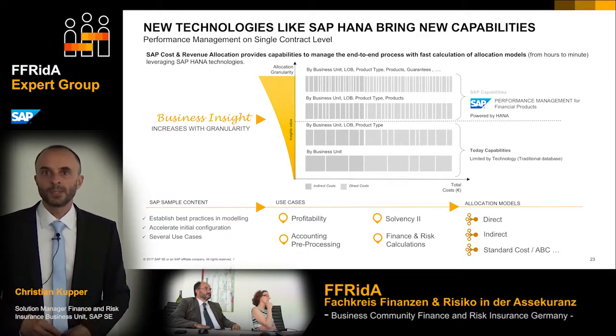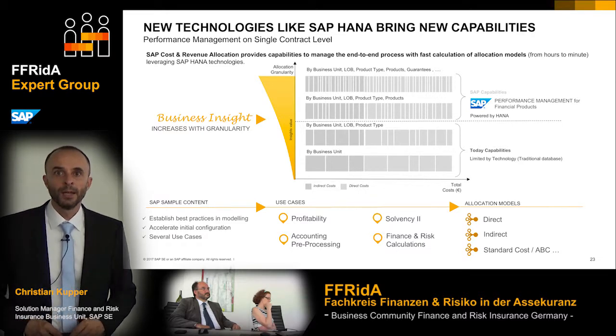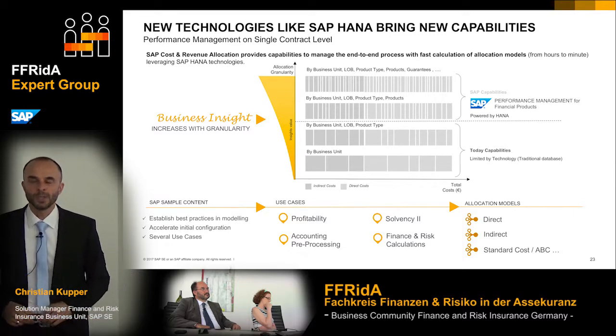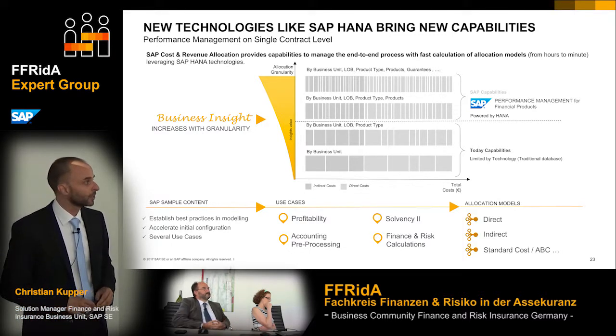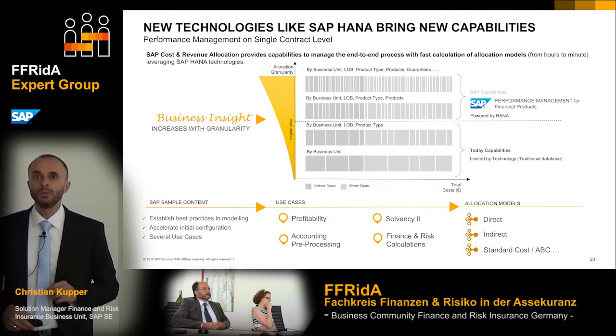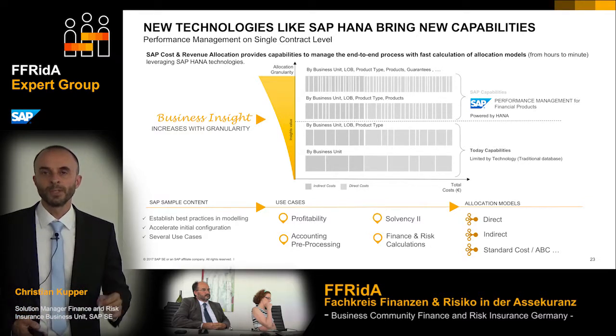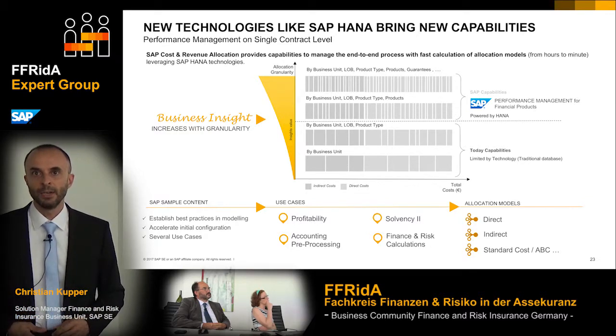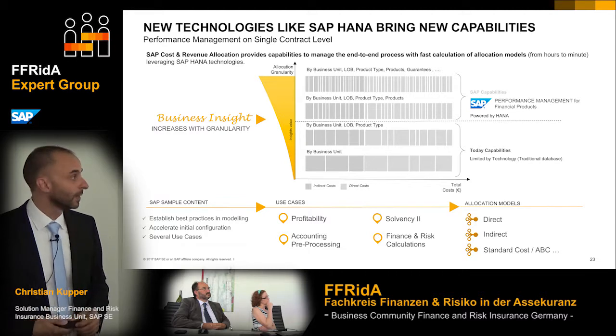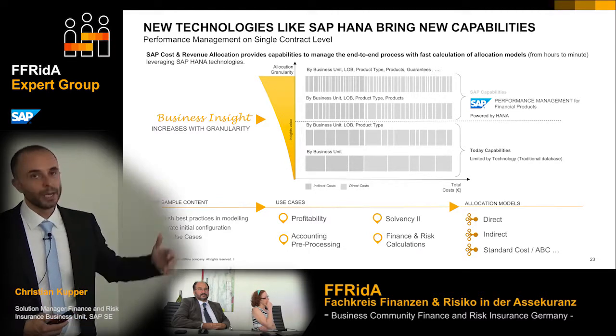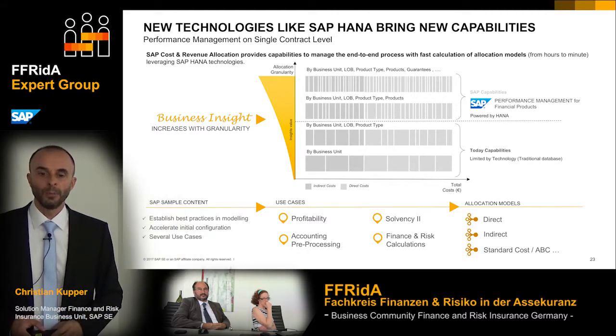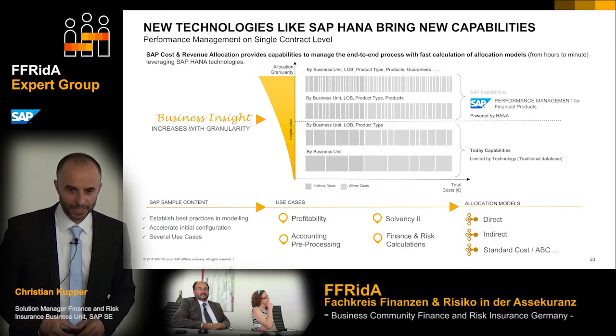And that exactly was when we were approached by a client. It's a very large insurer in Asia, dealing with 30 million policies and 120 million coverages. And they said, I want to do controlling, performance management on single contract level, on each coverage. And basically, this product was born out of a development cooperation with this client.